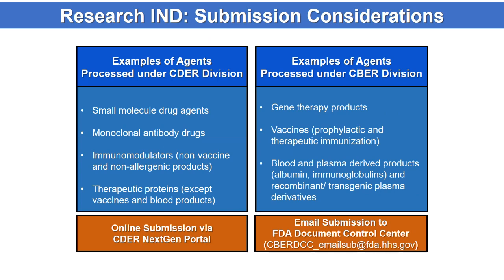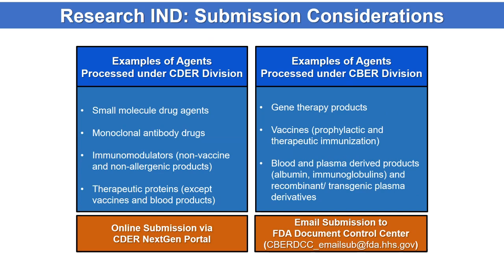IND submissions to CDER division is through an online hub called CDER NextGen Portal, which is a recently developed software capability. For submissions targeting CBER division, there is no comparable portal yet, and email route is the only submission path.